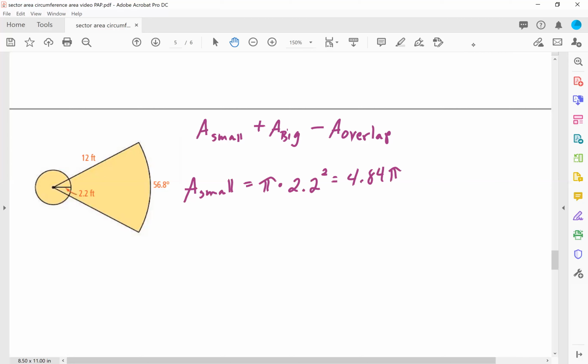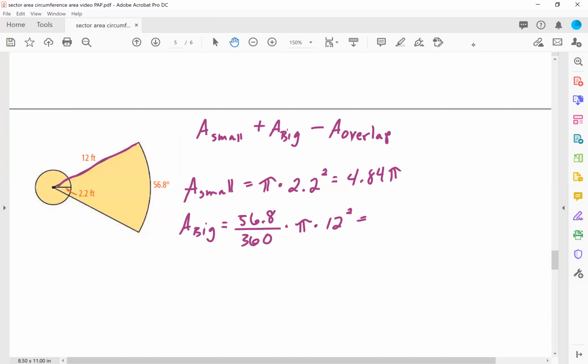Now we need the area of the big sector here. So the area of the big sector. And it's a sector, so we have to do the angle, which is 56.8 out of 360 times pi times, and then our radius for this is 12, so 12 squared. So again, I'm going to type in everything except for the pi.